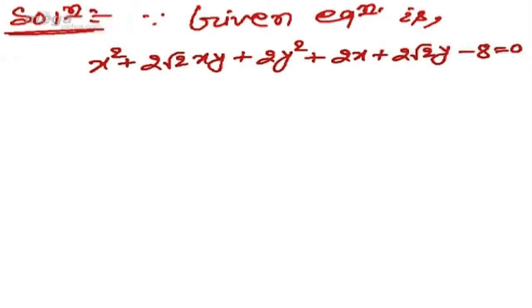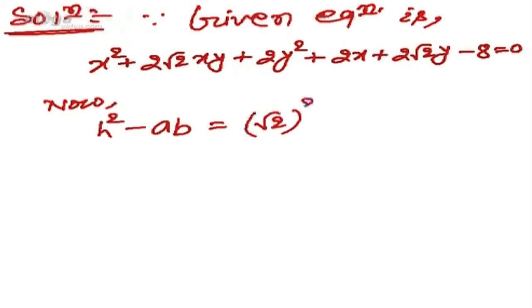If it is equal to 0, then this equation will represent a pair of parallel lines. So now we'll find h square minus ab. h is root 2, so it becomes root 2 whole square, minus a is 1, into b is 2, so it becomes 2 minus 2, which is equal to 0. It means this equation will represent parallel lines.